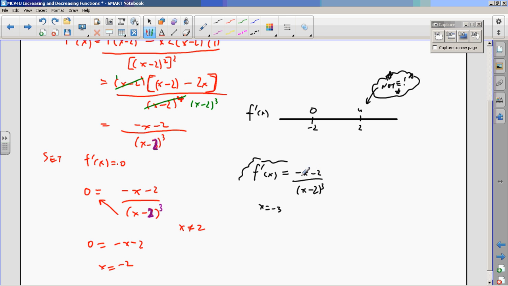So notice this would be positive then, right? This would be a positive number. This negative of negative 3 minus 2. If you can't see that, put it into your calculator. And then on the bottom, I'd have a negative 5 in this case, cubed, which altogether is, what's that? That's a positive over a negative, right? So here it's negative.